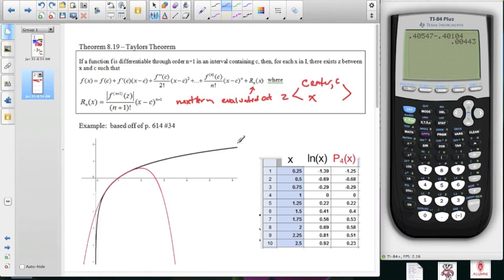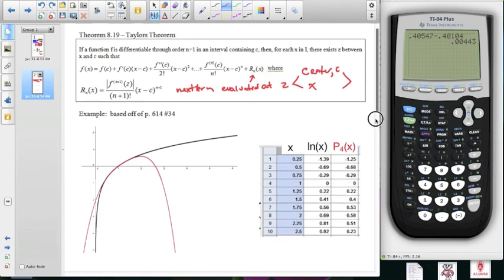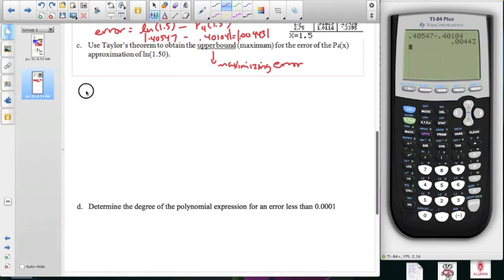And so when we take a look at that for a fourth degree polynomial, for a P4 of x, in this case a P4 of 1, then the remainder is going to be that fifth derivative evaluated at some value c over n plus 1, which is the next factorial, times x minus c raised to that next power.